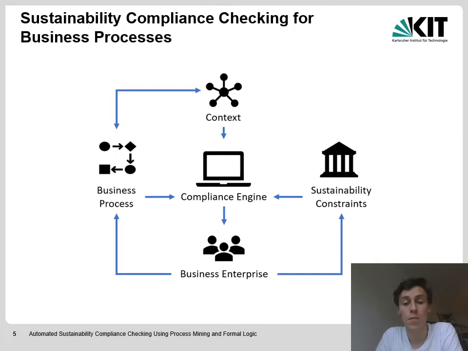The business enterprise first needs to define business processes and sustainability constraints, which will then be checked by the compliance engine, and the compliance engine will also take context information into account. I will talk a bit more about the context later on. So this is the main idea of my compliance checking approach.